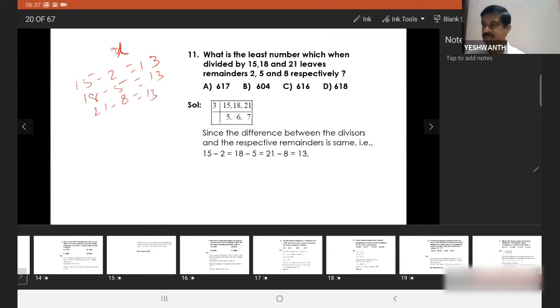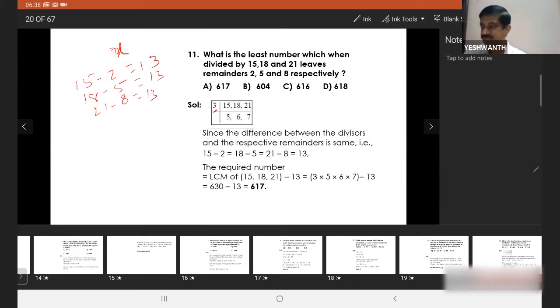So you are getting all the numbers to be 13 only. Okay. So here the common factor HCF for 15, 18, 21 is 3. That's what we have shown. If you have to get the LCM, you need to multiply by 3, 5, 6, 7. Okay.